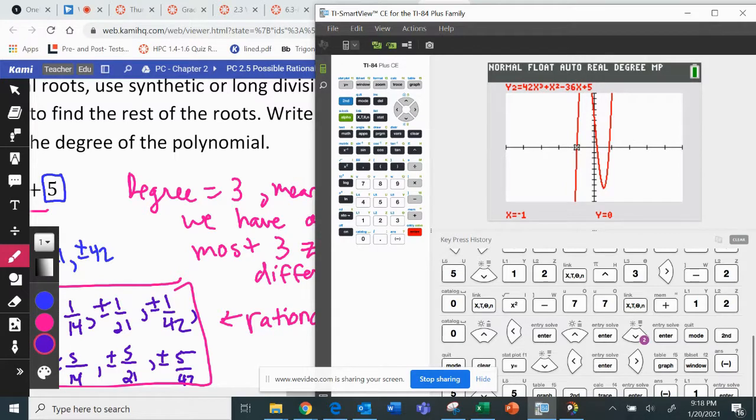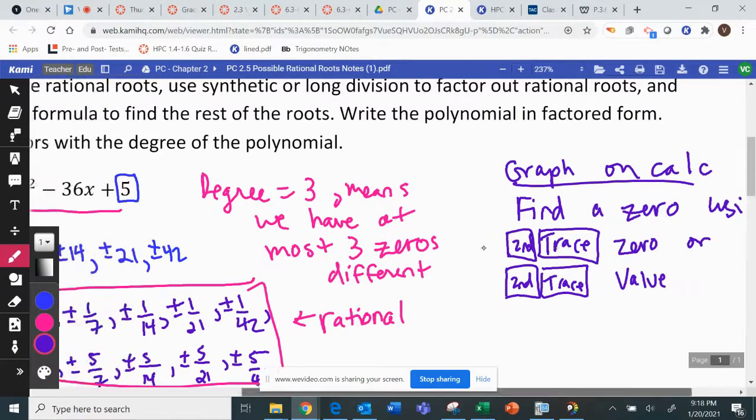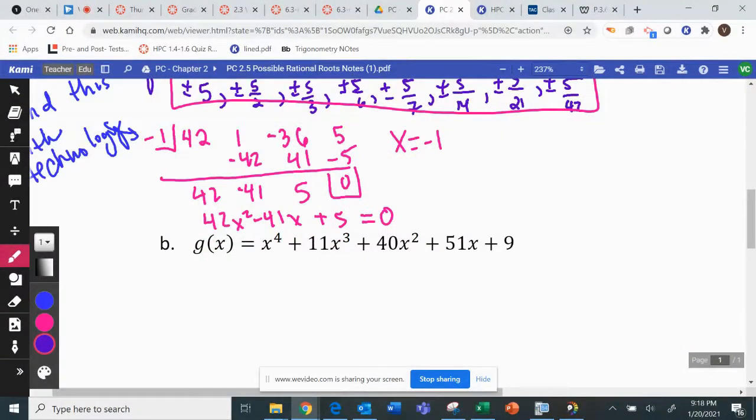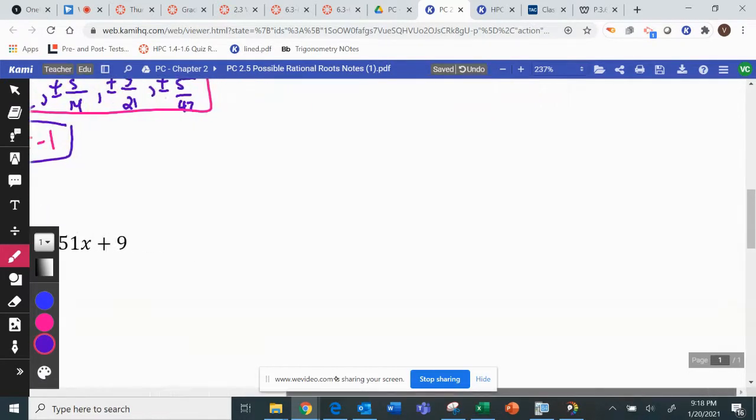My next step would be to come back over to my notes or my assignment and use synthetic division to take out -1 because I just found that that is a 0 from my calculator rather than from this list.